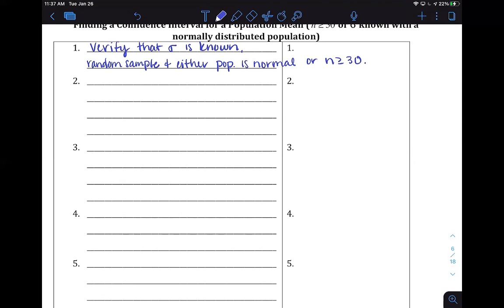Second thing we're going to do is find our point estimate. So X bar equals the sum of X divided by n, the same thing we've been doing. Then we're going to find the critical value, Z sub C, from table 4.